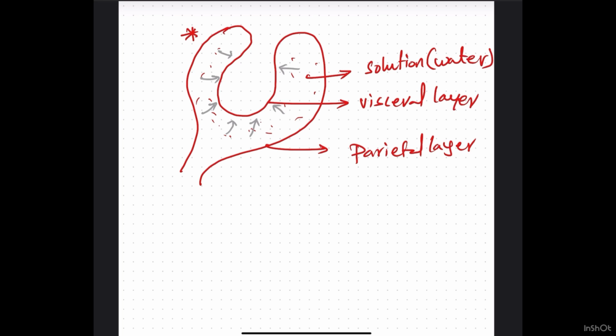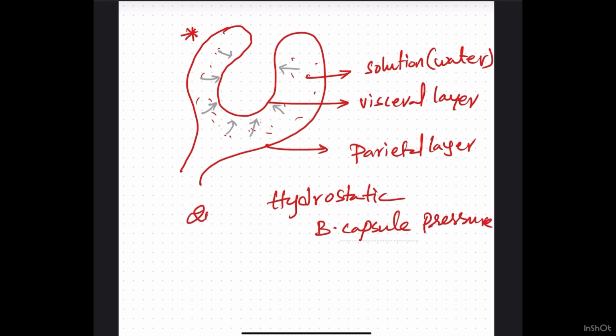This pressure is called the hydrostatic Bowman's capsule pressure. It is approximately 15 to 20 mm of Hg.